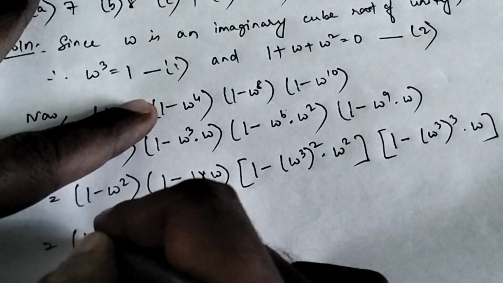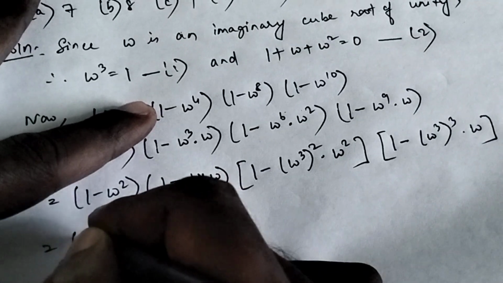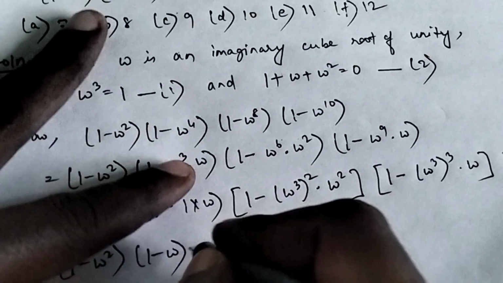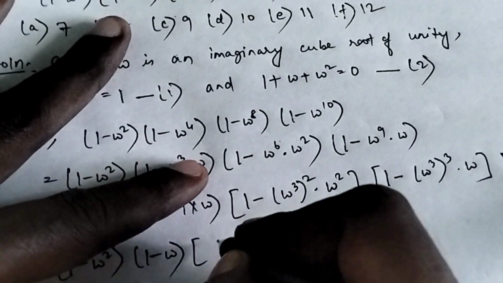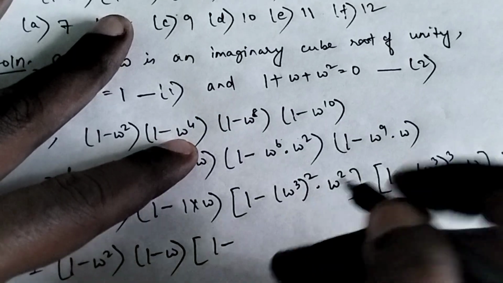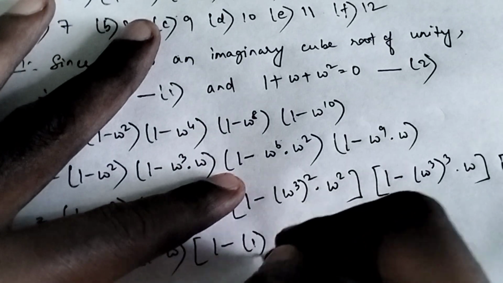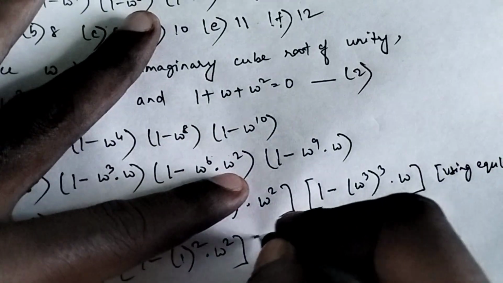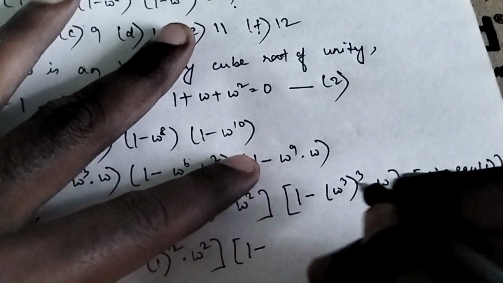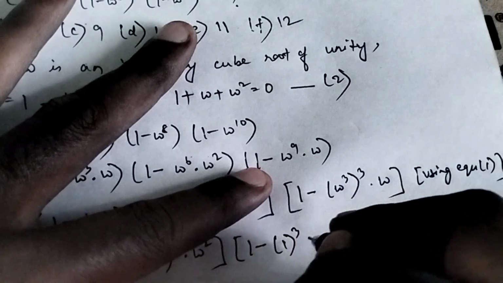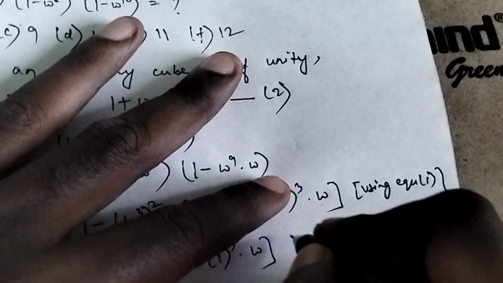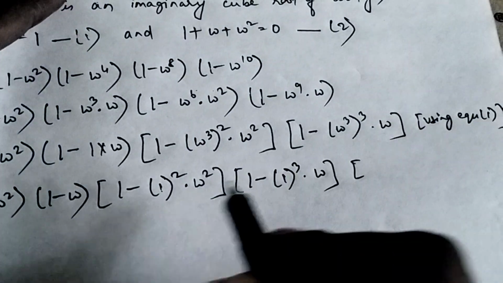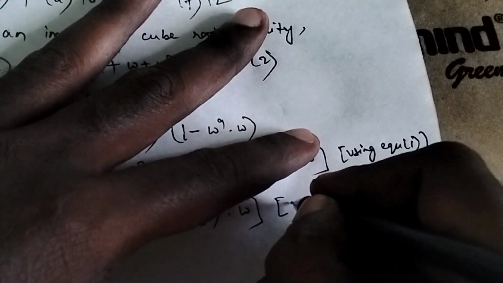How? 1 minus omega square, 1 minus omega, then here 1 minus omega cube is 1, so 1 square into omega square, then 1 minus omega cube is again 1 into omega. We got these values using equation 1.